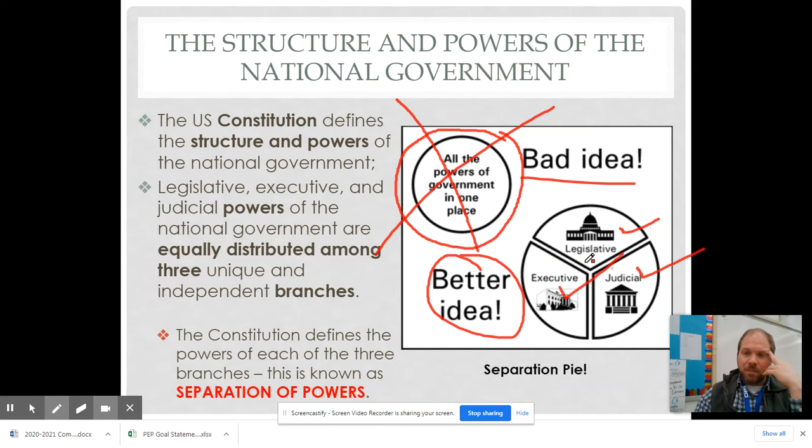This idea of separation of powers is an example of limited government. Okay? They were afraid that our government would get too powerful, and that would cause big problems.